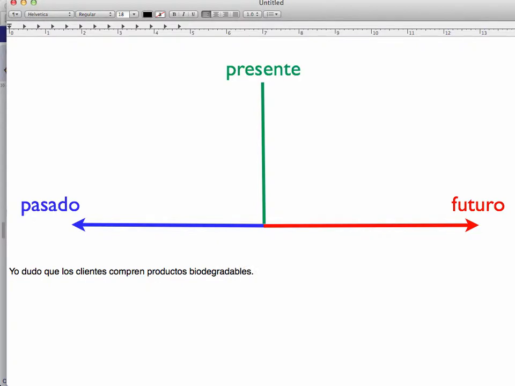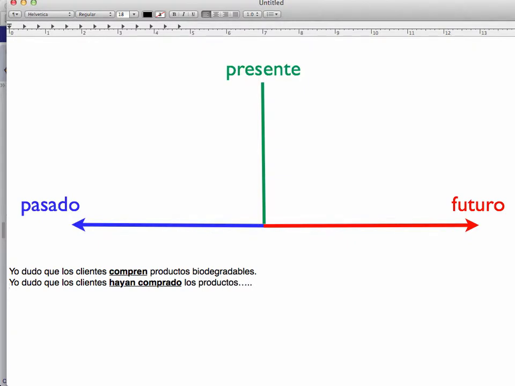Okay, so that would be the present subjunctive. Yo dudo que los clientes compren los productos biodegradables. Now, if we say I doubt that they have bought, okay, that would be the present perfect subjunctive. Yo dudo que los clientes hayan comprado los productos, etcétera, biodegradables.